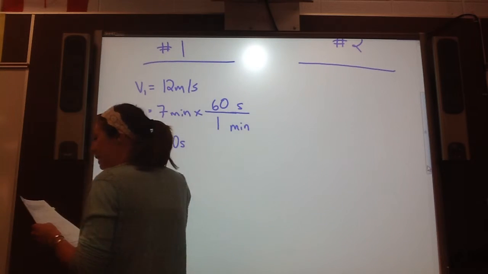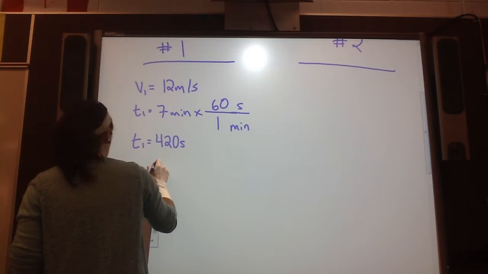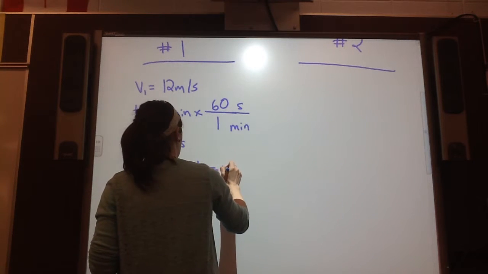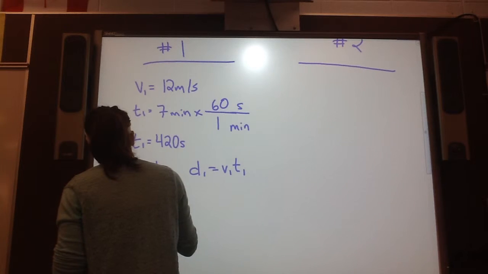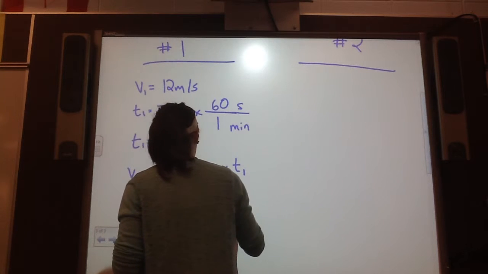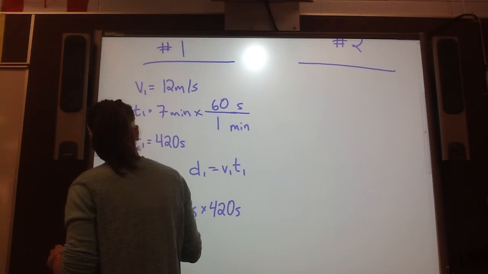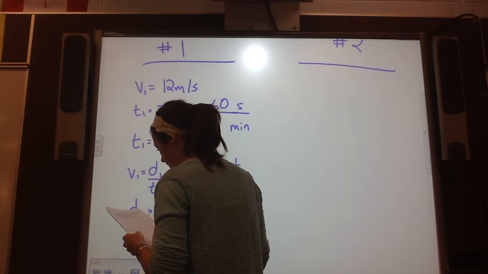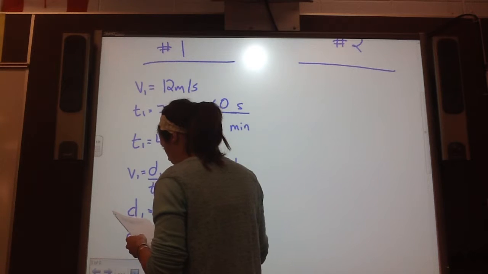So now I can find my D1 from this information. My V1 equals D1 over T1. I'm going to rearrange to solve for D1. So my D1 is equal to 12 meters per second times 420 seconds, which is 5,040 meters.